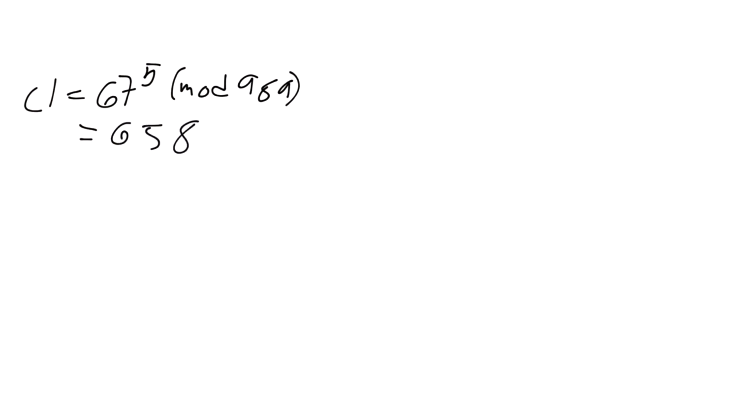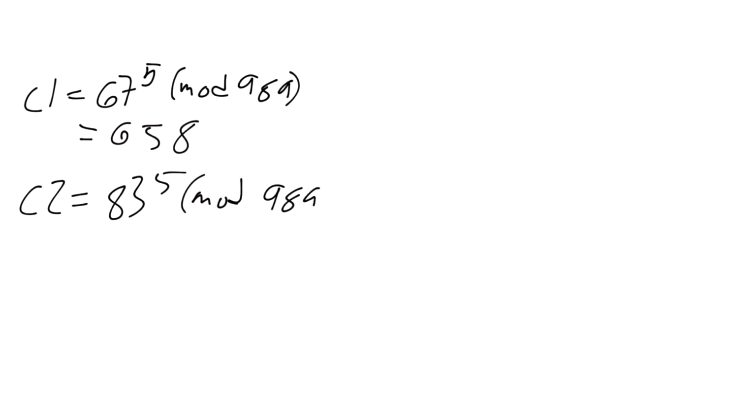Encrypting each of these chunks, we get c1 is equal to 67 to the 5th mod 989, which is equal to 658. For our second chunk, we have 83 to the 5th mod 989, which is equal to 15.